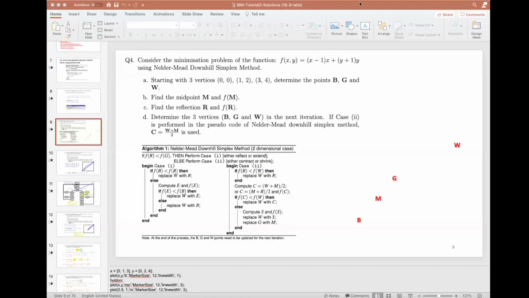Okay, now this is question 4. That is about the minimization of this function, 2 variables as well. Again, for this algorithm in this pseudocode, we can only use that to deal with a 2-dimensional cost function. That is, we only have 2 decision variables. If we are going to extend it into a higher dimensional space, we will use another version.